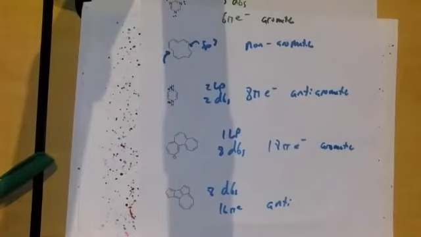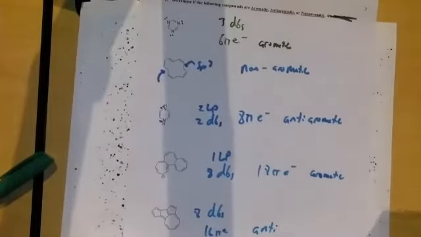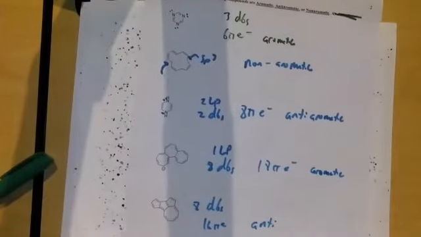All right, so how do I know whether or not to include a lone pair? I'm going to go through that concept one more time. I like to use pyridine as an example.